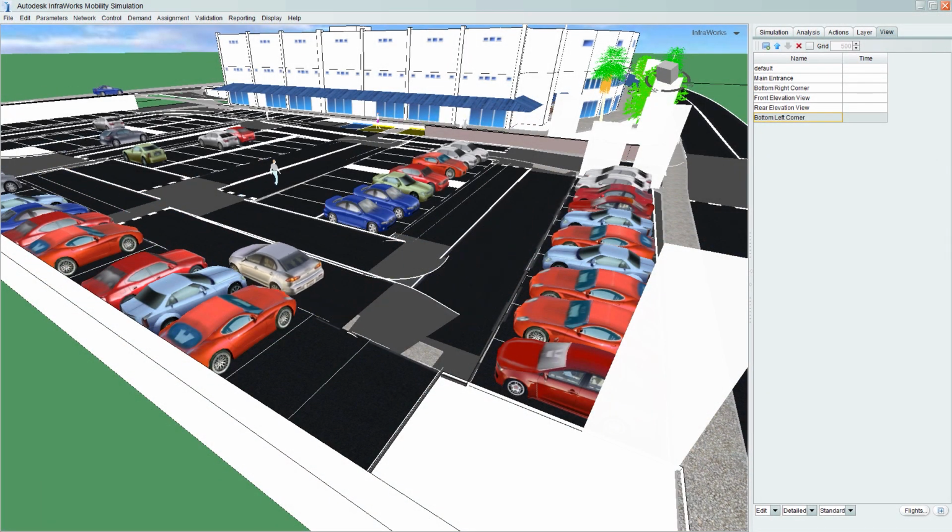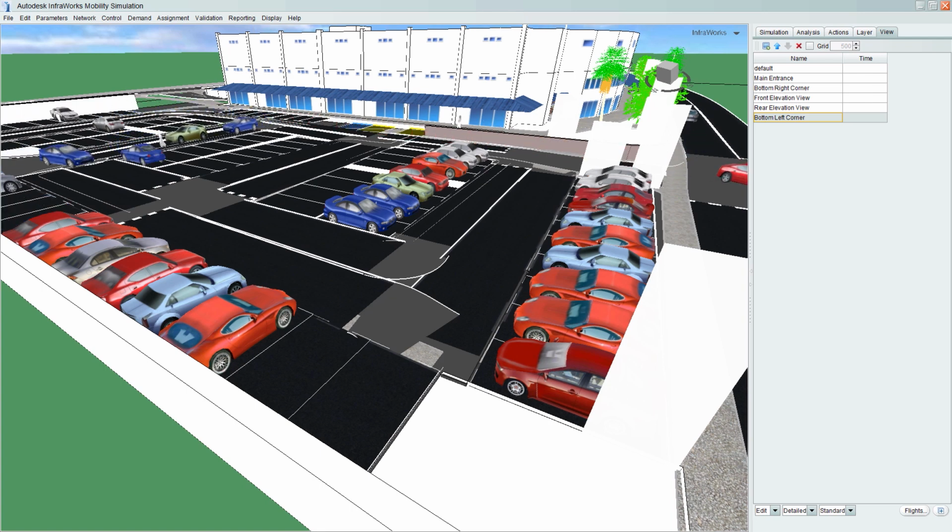This is a supermarket example. This is very much what we've seen previously, but much more concentrated. A lot of cars in a very small space, lots of car parking going on, people moving around, interacting with the cars.